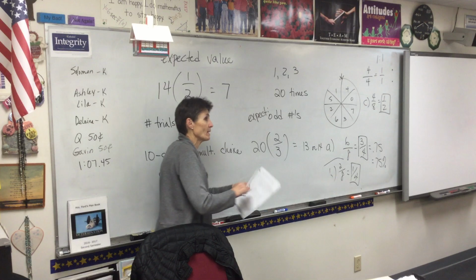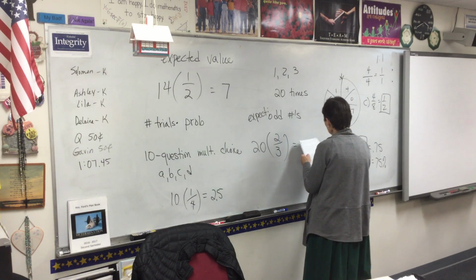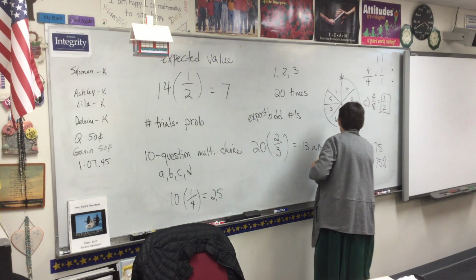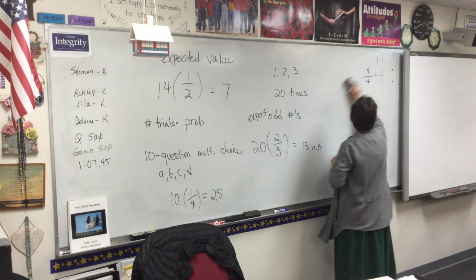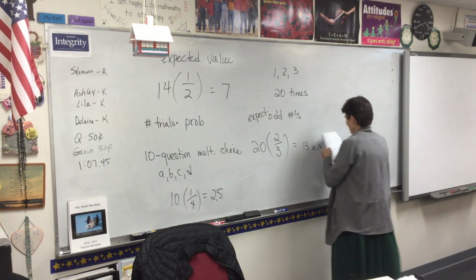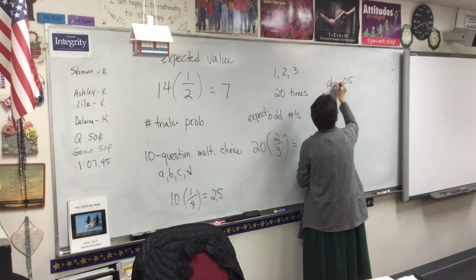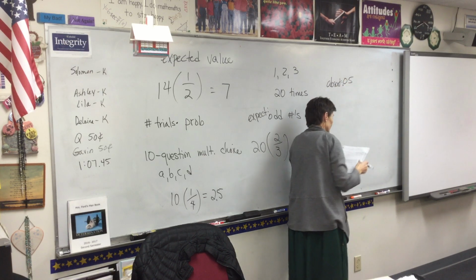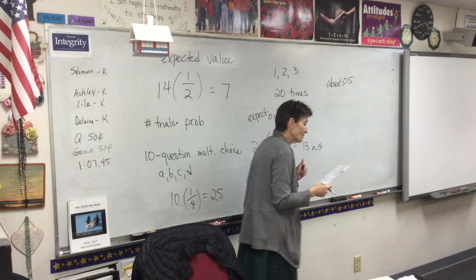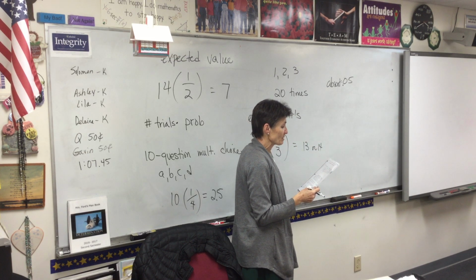Okay, one more question, number 4. The probability of a student being absent is 0.05, unless you're Sam, and then it's 0.5. All right, so the probability of being absent is 0.05. If there are 531 kids in the school, how many would you expect to be absent on any given day?